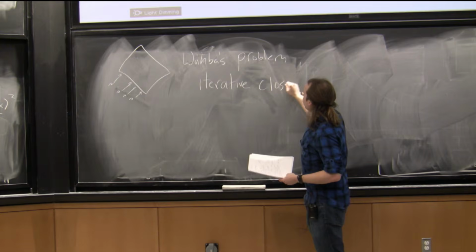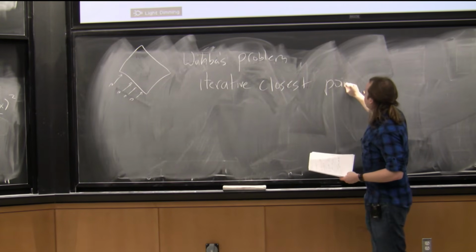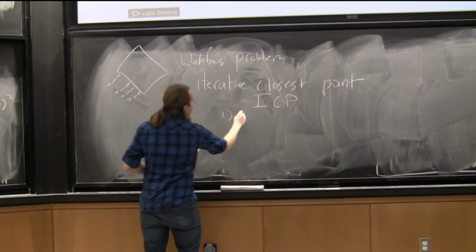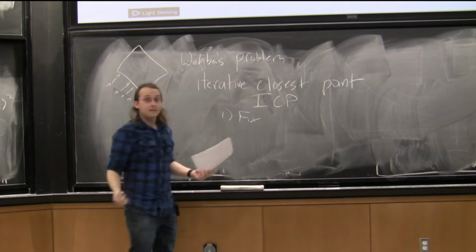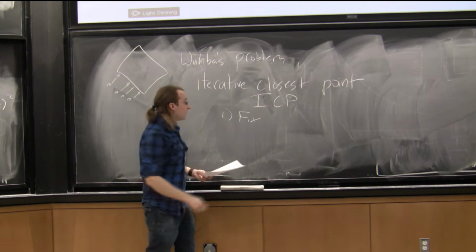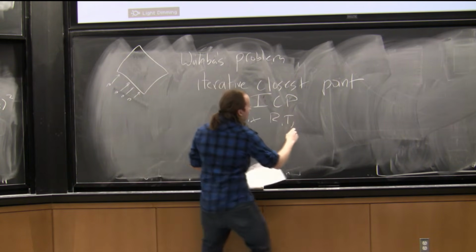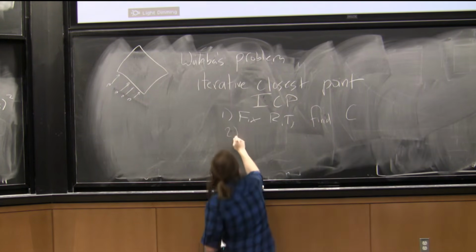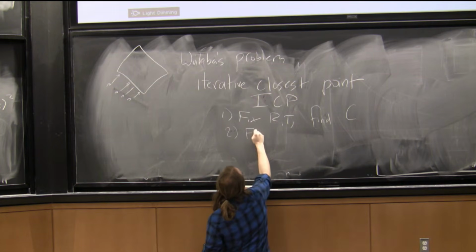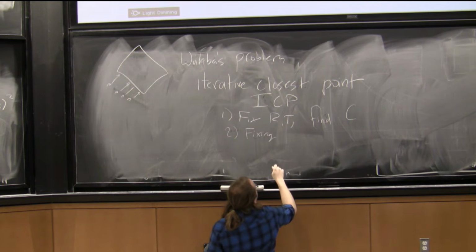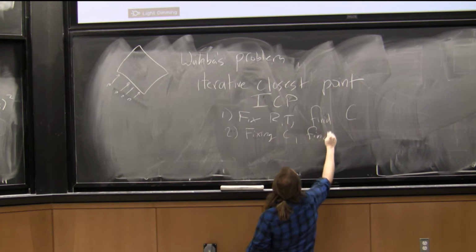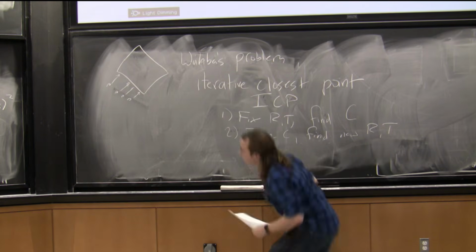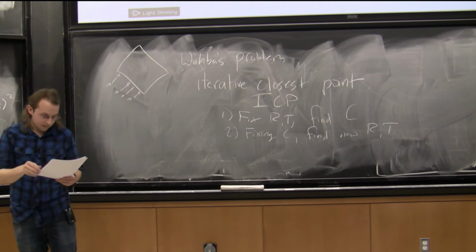So this is the iterative closest point algorithm, commonly abbreviated ICP. The idea is: you're given some initial pose of the object, so you fix R and T, and you find C, and then alternate by fixing the correspondences and finding a new R and T that is hopefully better than the previous one you had.